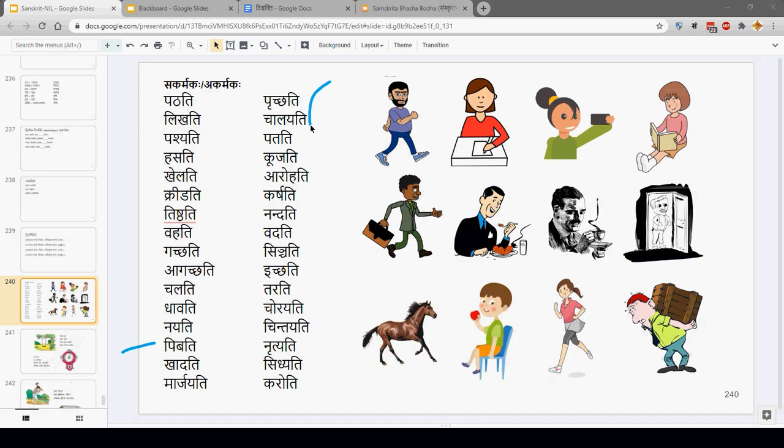Chalayati. Chalayati is driving. Whereas chalati was only walking, with no destination. Chalayati is driving, you are driving something, right? So chalayati becomes transitive. Okay. Patati is transitive. Okay, good.